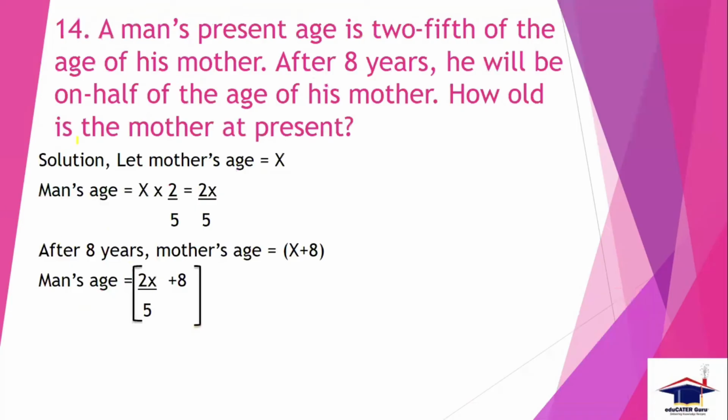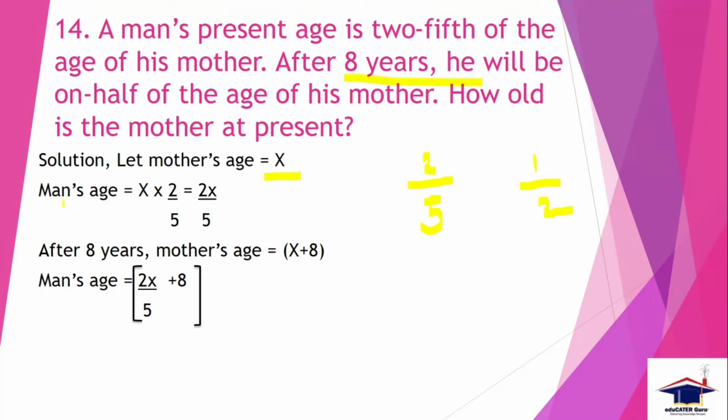Next, a man's present age is 2/5 of the age of his mother. After 8 years, he will be one half of the age of his mother. So, how old is the mother at the present time? They are asking. So first let us assume the mother's age as x.